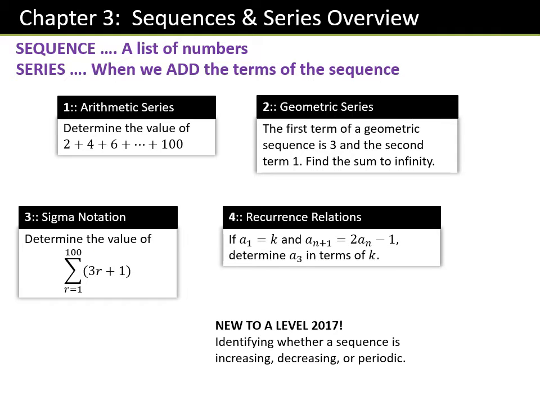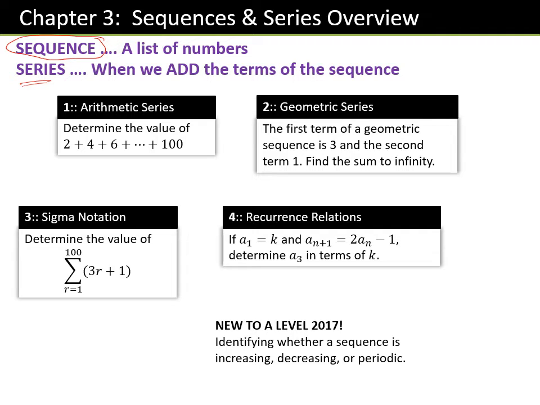Okay, so in terms of our overview, you'll hear me talk about sequences and series. Basically, sequences is what we've been doing at GCSE all the time. It's just a list of numbers. It could be a list of letters or other things, pictures, but here we're just going to focus in on list of numbers. Series is what happens when we add the terms of the sequence.